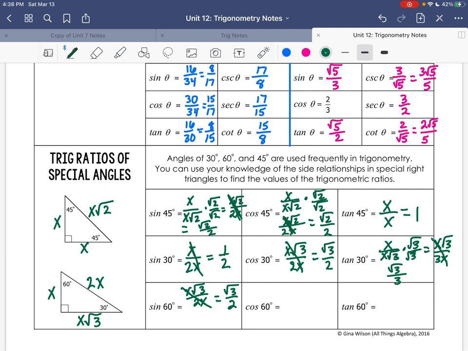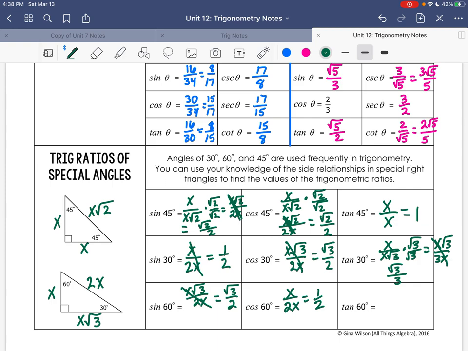That should make sense to you because now we're doing opposite over adjacent on the opposite angle. Cosine is this time x over 2x, which will give us 1/2. So again, we're doing cosine of the opposite angle, so it's going to give us the same as what sine was. And tangent is flipped upside down this time.